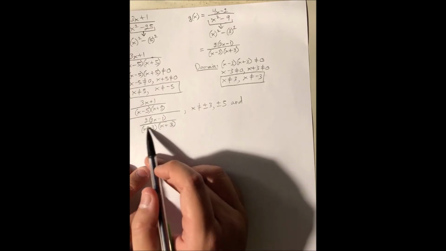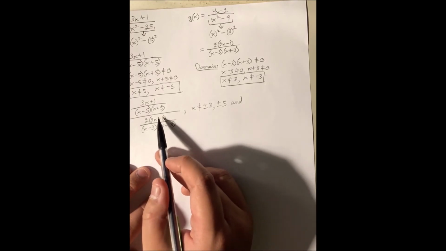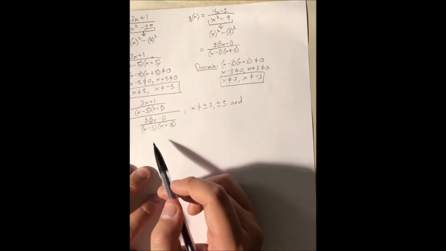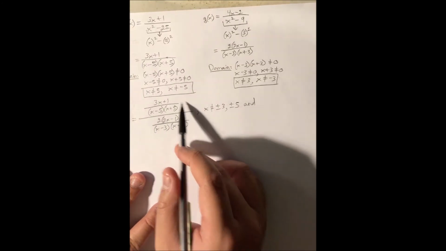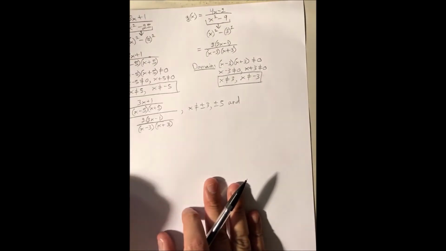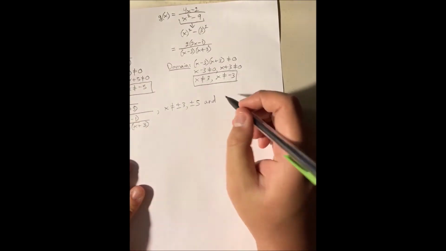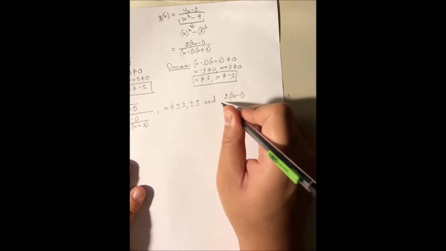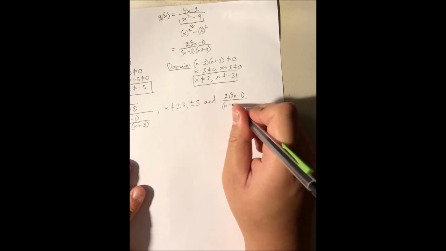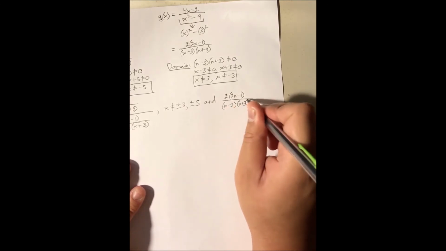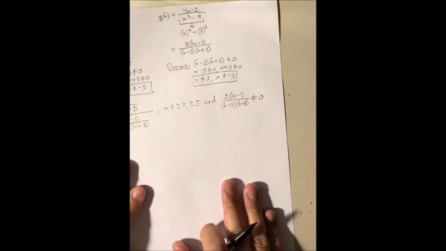Assuming that this little denominator here is not 0, if the numerator here is 0, then the whole denominator is going to be 0, and that's going to make the whole thing undefined. And if it's undefined, we cannot solve the problem. So I'm going to take this whole thing, 2 times 2x minus 1 divided by x minus 3 times x plus 3 not equal to 0.